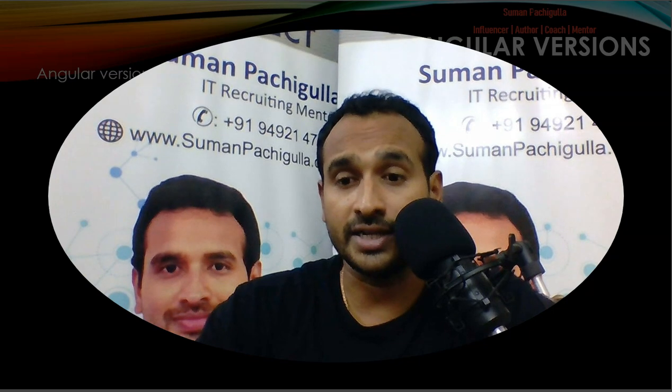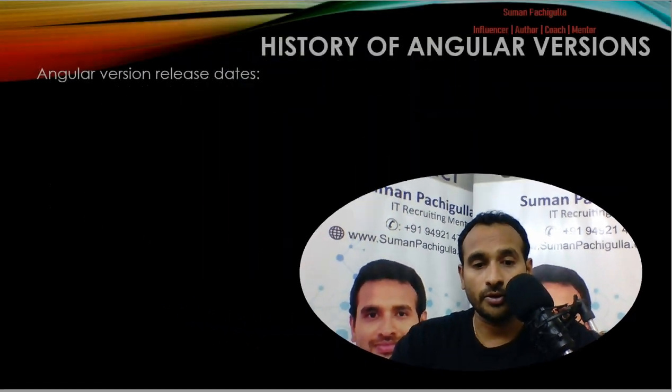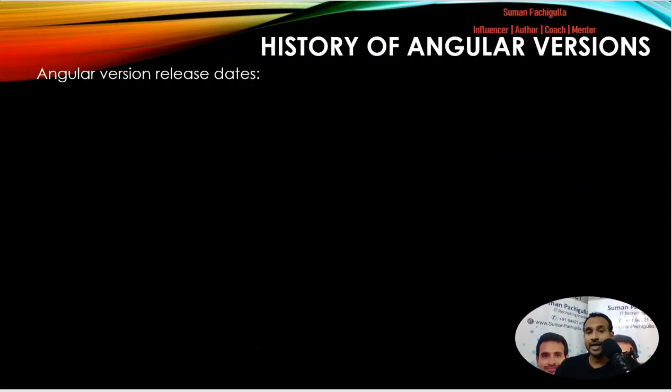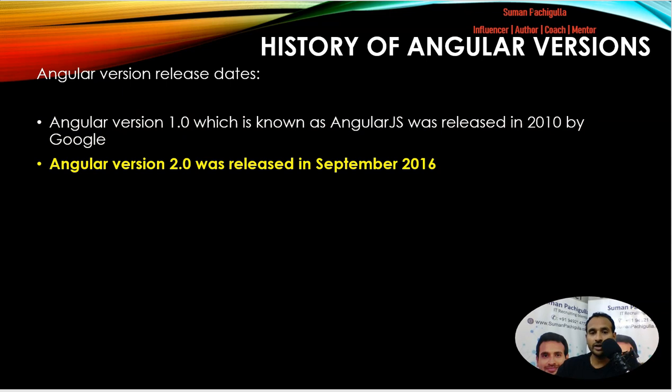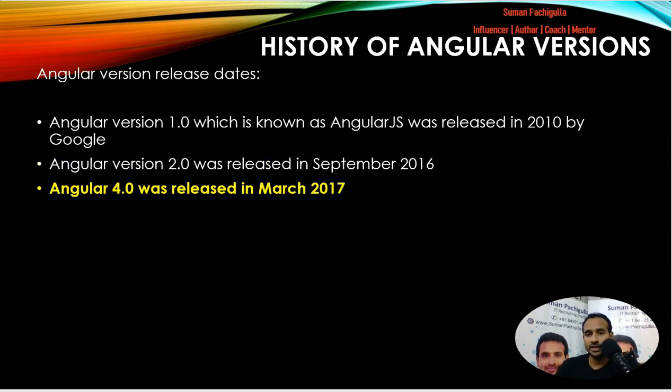All right, now let's understand what that is all about. Here are the Angular version dates. First they released Angular 1.0 in 2010, then Angular 2 in 2016, then Angular 4 in 2017. Now where is Angular 3? What happened actually is that while they were creating Angular 2, when they were naming the router, by mistake they gave it Angular 3 and executed it.